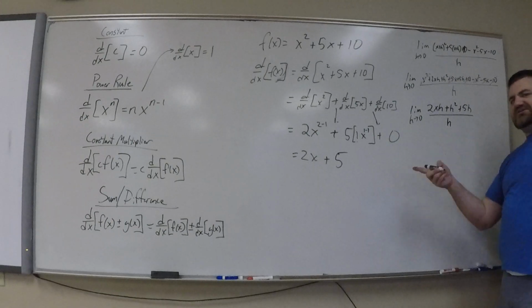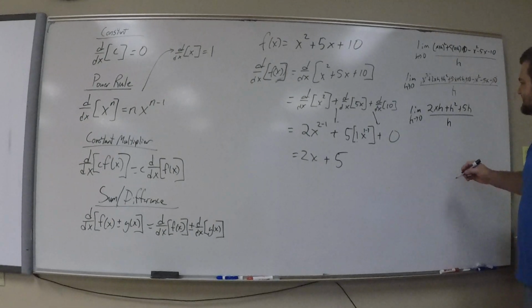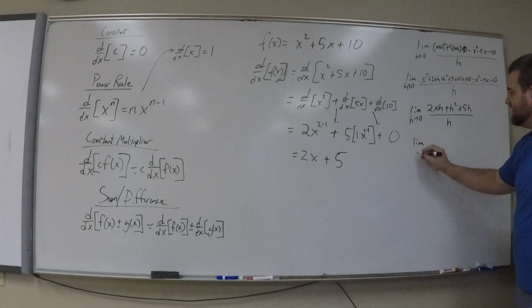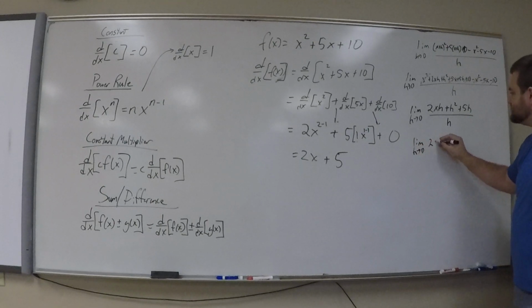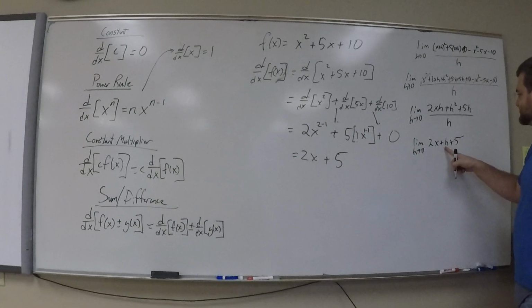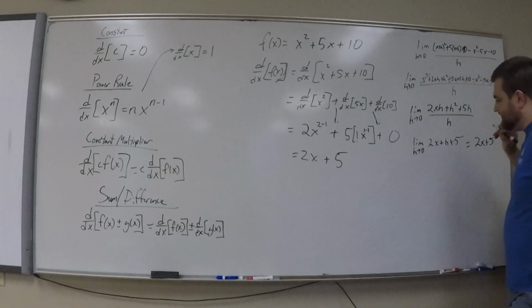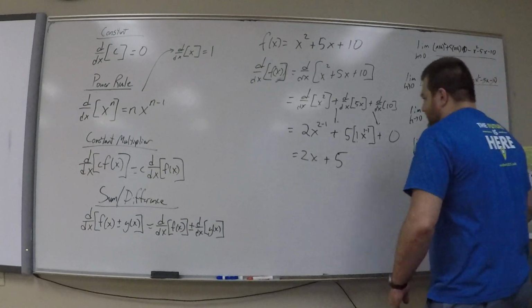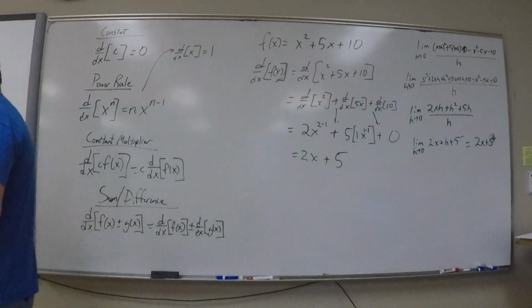And I think you can already see where that's coming out, right? So if I cancel out the bottom h with 1 from each of those, I'm left with limit as h goes to 0 of 2x plus h plus 5, which if h goes to 0, that's linear. I get 2x plus 5. And I get what I want.